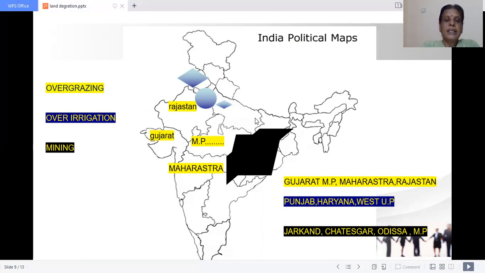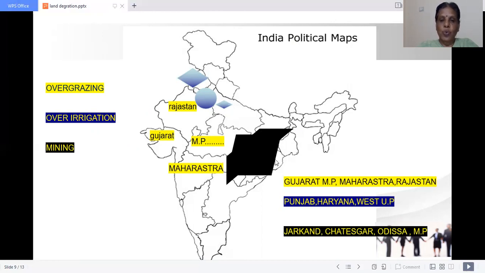Okay children, remember in such a way. Rajasthan is desert, and Rajasthan, Gujarat are less rainfall areas, so over grazing. Punjab, Haryana, Western Uttar Pradesh will have abundance of water, so over irrigation. See, these are all the mineral areas: Jharkhand, Chhattisgarh, Odisha, and parts of Madhya Pradesh.